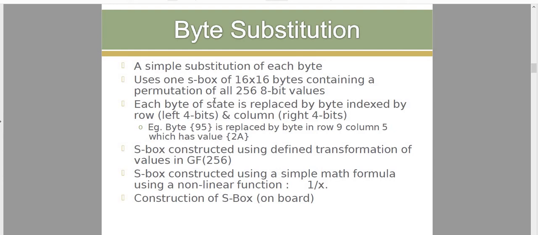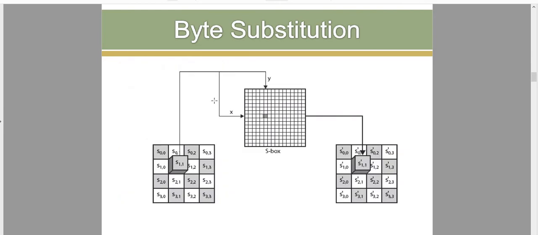The S-box is constructed using a simple math formula using the non-linear function 1 by x. So basically this is the representation where we have considered a 4 by 4 matrix. Considering an example S[5,9], here it goes from the 5th row to the 9th column and it replaces in the next matrix.